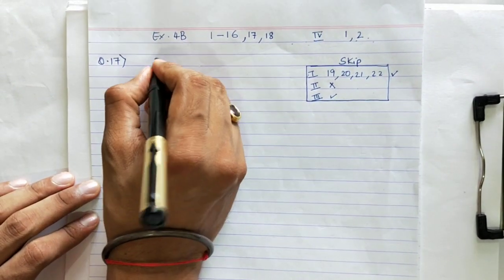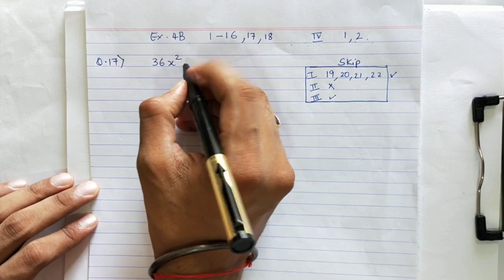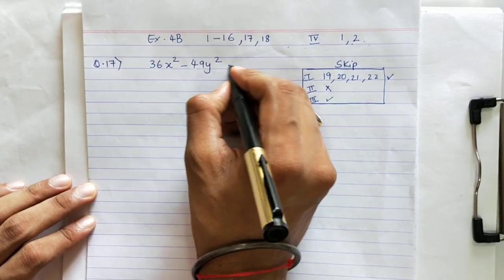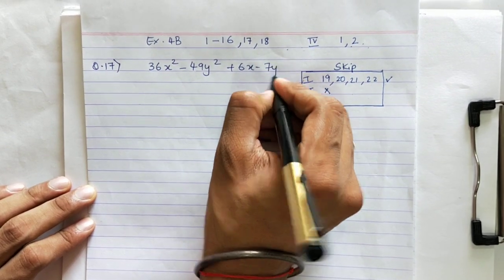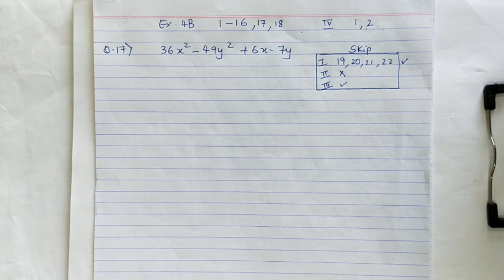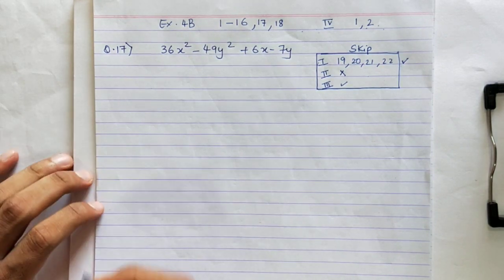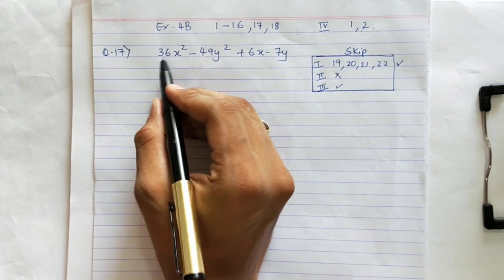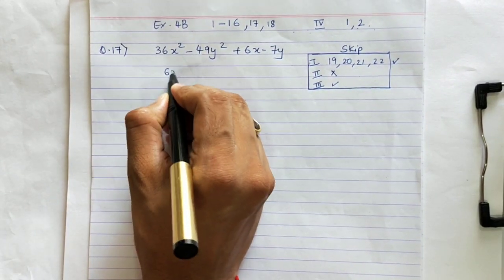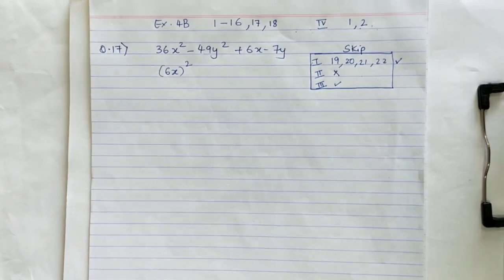So question number 17 is 36x square minus 49y square plus 6x minus 7y. Here, 36x square can be written as 6x the whole square.